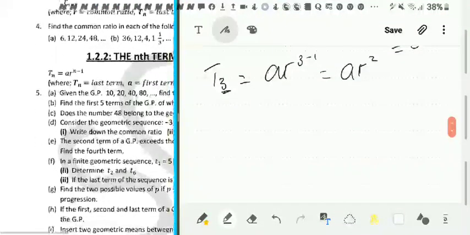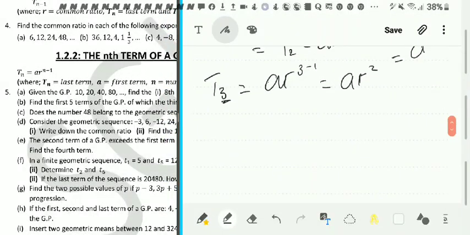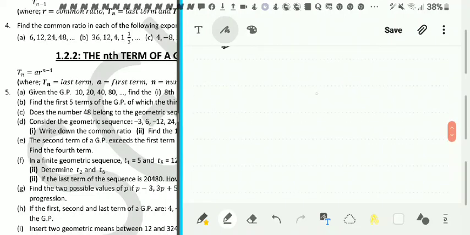Now let's move to some solvings. Number 5. Let me clear all this. So number 5.